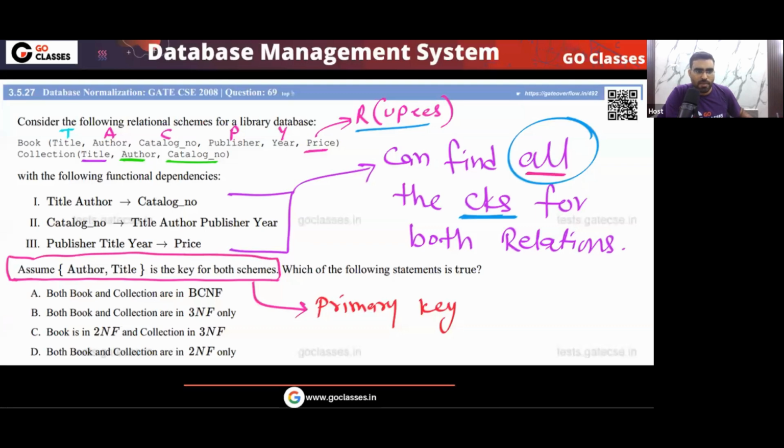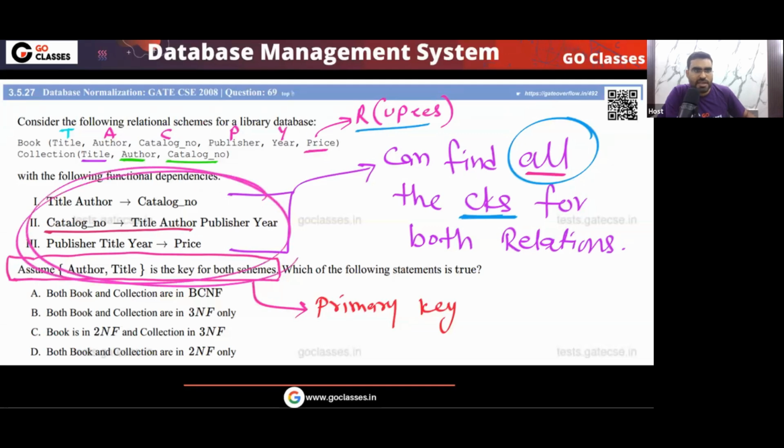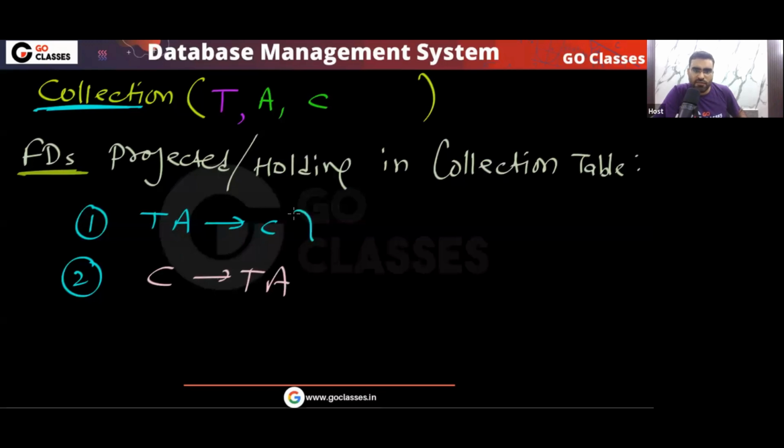Okay. So remember, C determines TA. Is there anything else? Between TAC, among these three attributes, is there any other functional dependency? There is no other functional dependency. So finally, these are the functional dependencies.